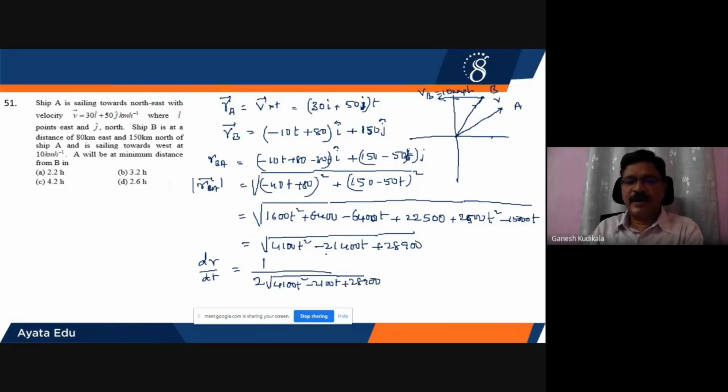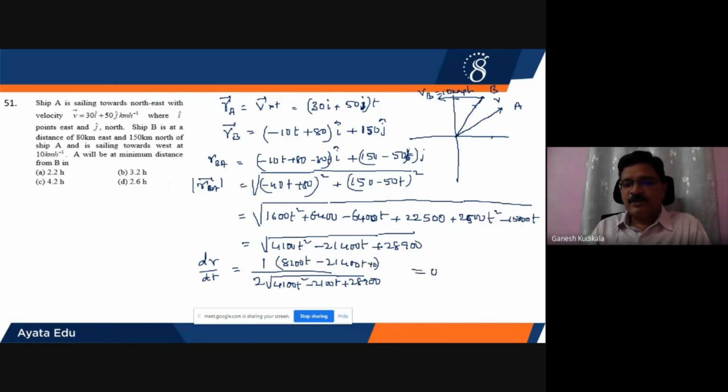Okay, and the differential of the numerator term will give us 8200 t minus 21,400, and this will become 0.